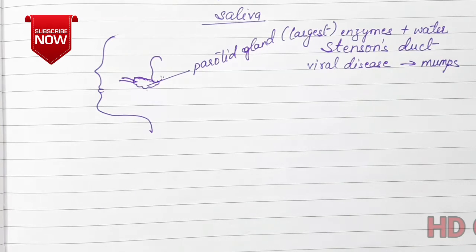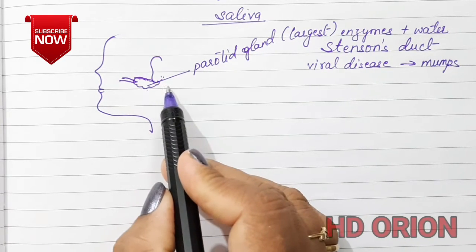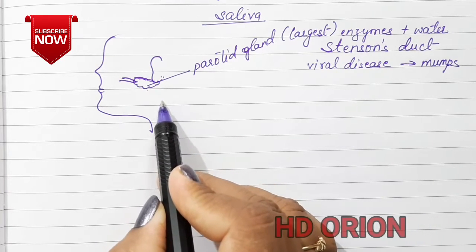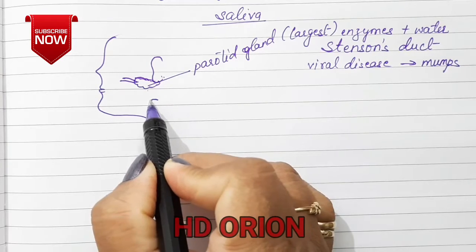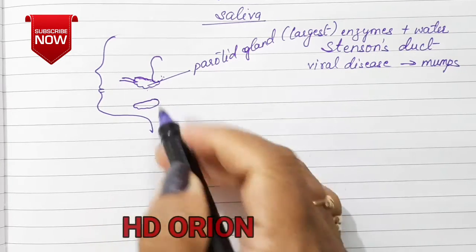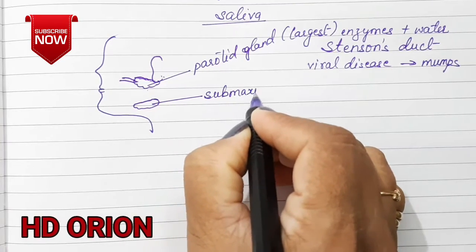The next gland that we are going to study is the submaxillary or submandibular gland. This is the jawline, so here it is present. The second gland is known as submaxillary.